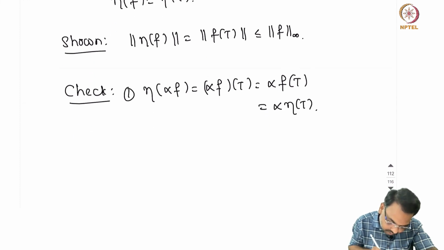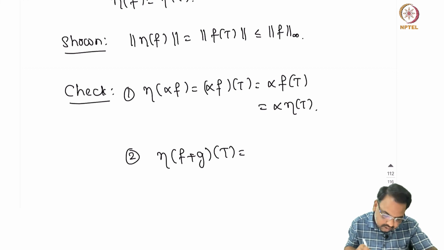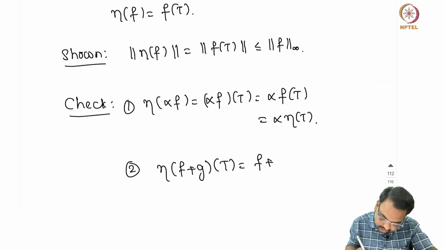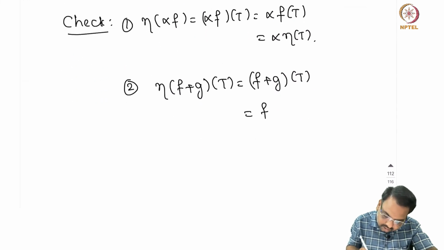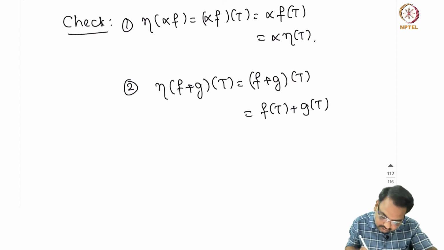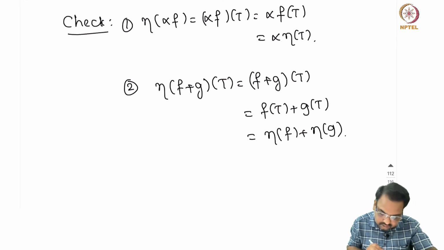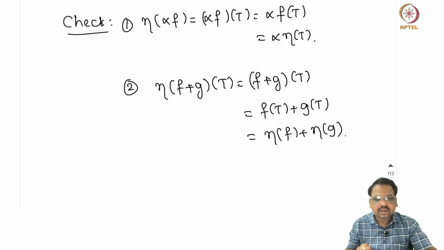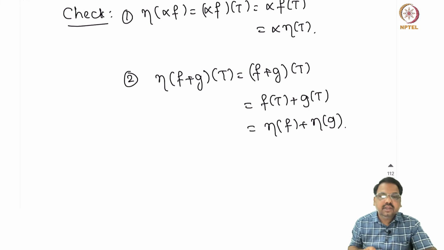Similarly, we can show that eta of f plus g at t is nothing but f plus g of t. We can show that this is nothing but f of t plus g of t, that is eta f plus eta g. These two results we can use. We can approximate f and g by polynomials uniformly, and we can actually get the results.